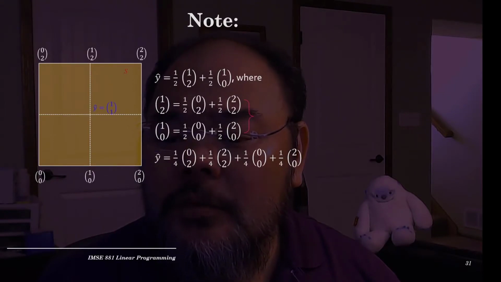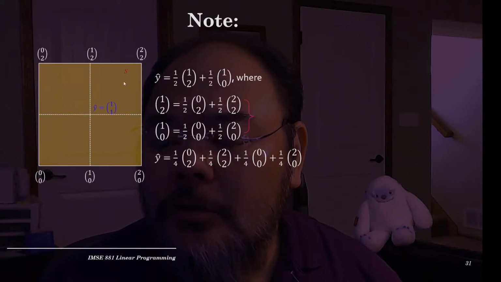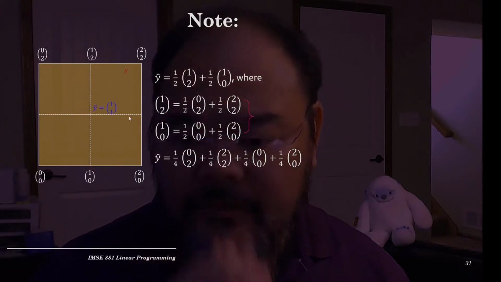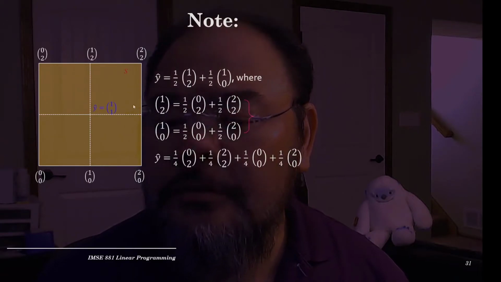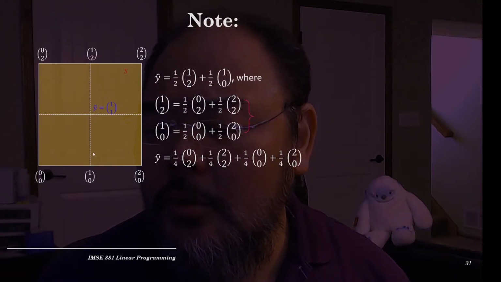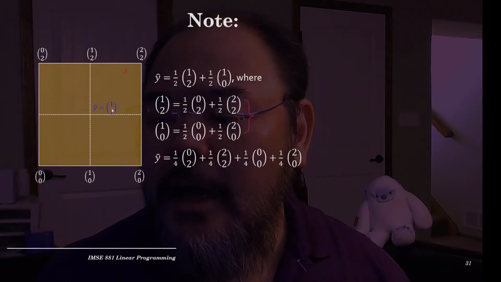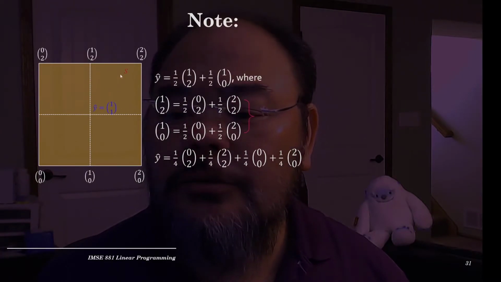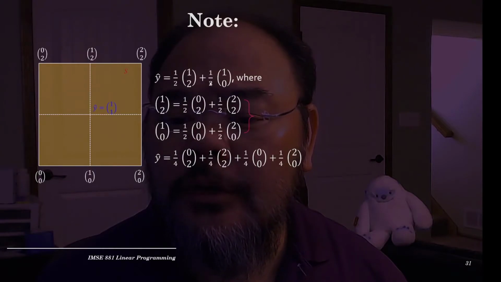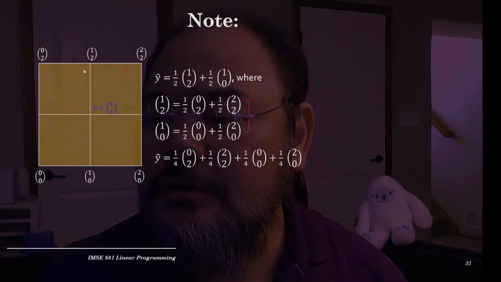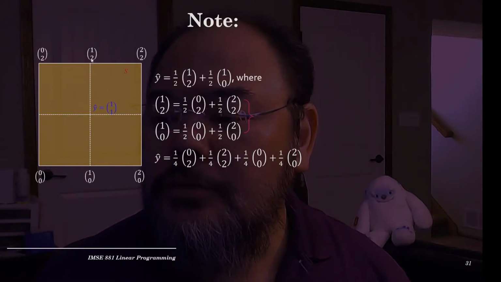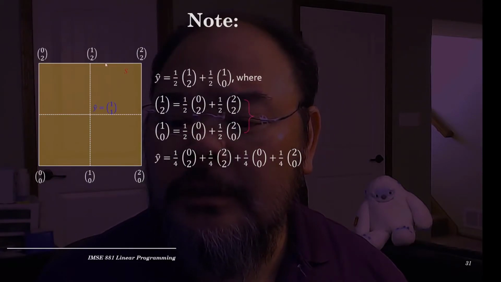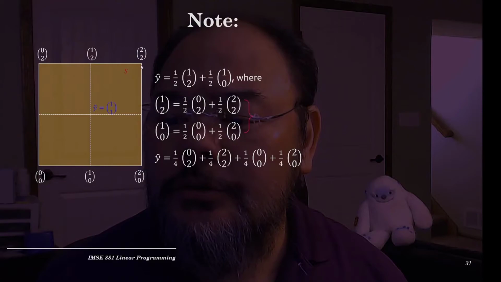All right, this one illustrates how to represent a convex combination of a point within this region using its corner points or boundary points. So y hat, which is (1, 1), equals 1/2 of (1, 2) and 1/2 of (1, 0), which is this one and that one. And (1, 2) can also be represented as a convex combination of (0, 2) and (2, 2).